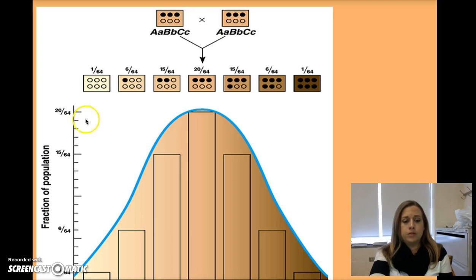These would all be recessives leading to really pale skin. If you look at the darker end of the bell curve, you have more dominant alleles, and so that is leading to a darker skin color. Then right in the middle, it's half and half, and so again, it causes a continuum of phenotypes, not discrete categories.